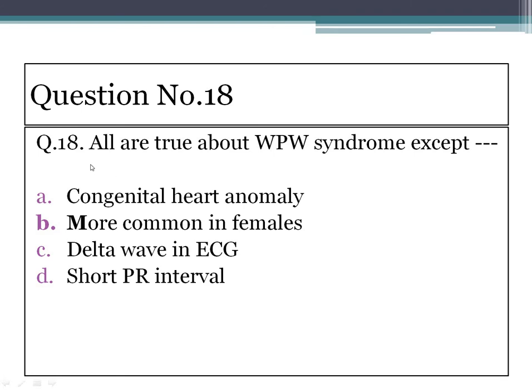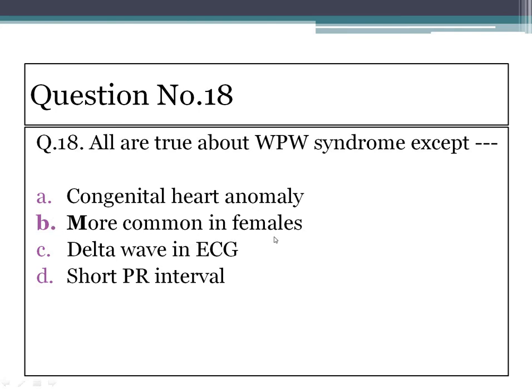Question number 18. All are true about WPW syndrome except. Wolff-Parkinson-White syndrome. That is WPW syndrome. All are true about WPW syndrome except, that is, not seen in WPW syndrome. That we have to find out from the options. Options are congenital heart anomaly.